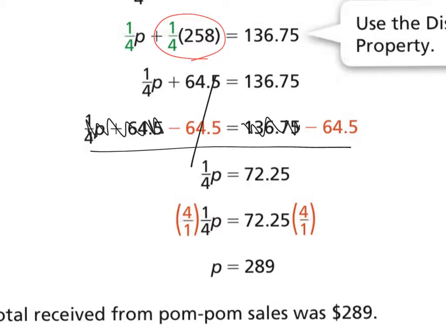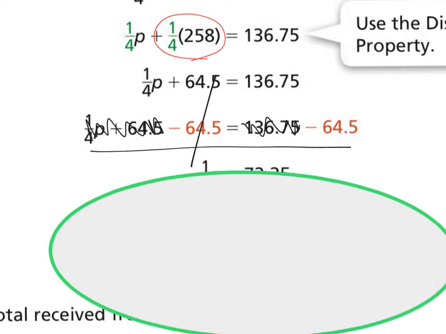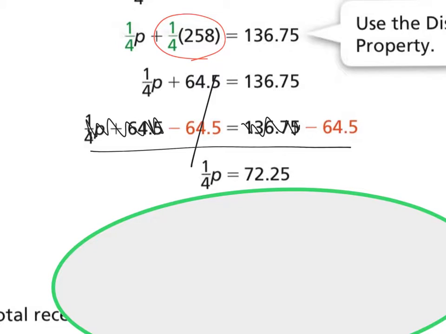Then there are two different ways to finish this off. One way the book's doing is they're saying that if it's 1/4 of P, we multiply that by 4, and that'll give us 1P. Another way: multiplying by 1/4 means we could divide, so we divide by 1/4.